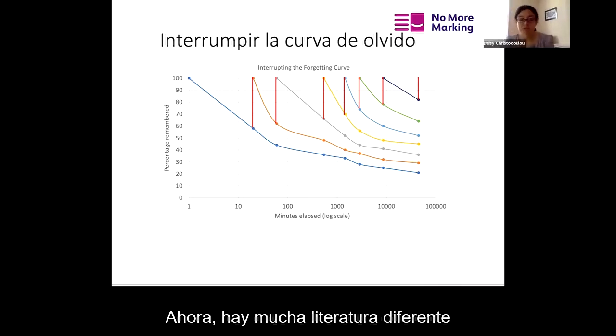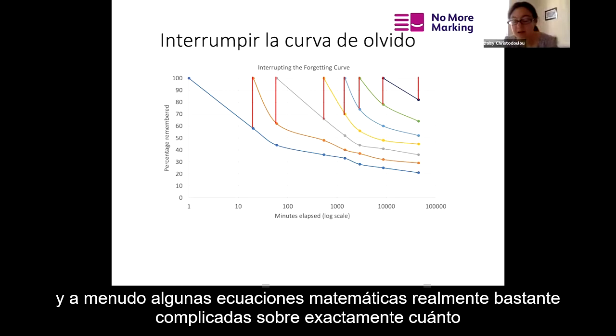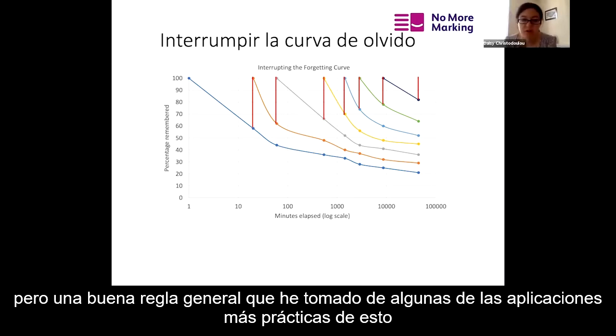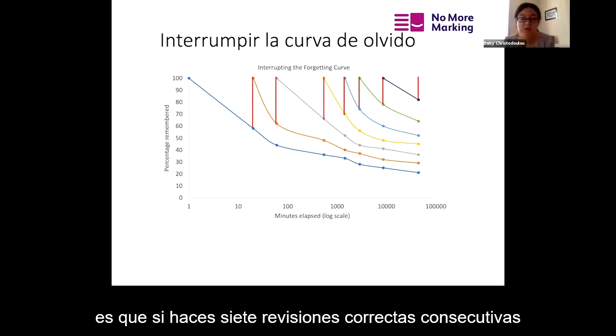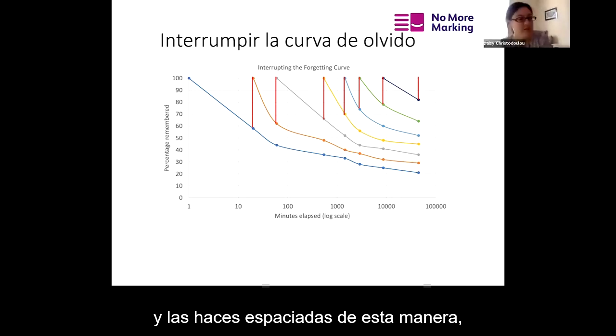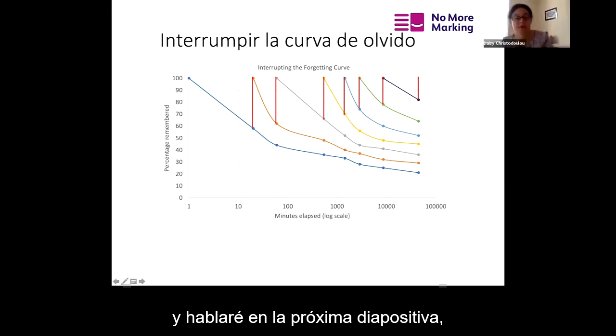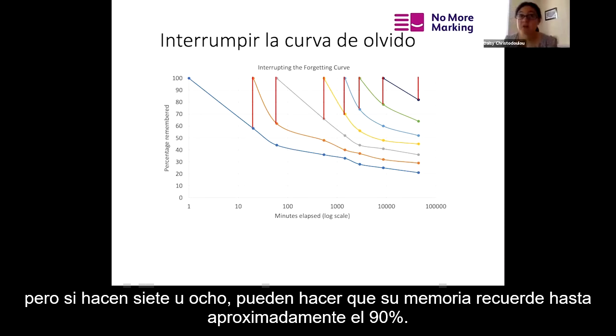Now, there's a lot of different literature and often some quite complicated mathematical equations about exactly how much each review will slow the curve down by. But a nice rule of thumb that I've taken from a few of the more practical applications is that if you do 7 consecutive correct reviews, spaced out with gradually increasing spacings, and I'll talk about that on the next slide, if you do about 7 or 8 of those, you can get your memory of it up to about 90%.